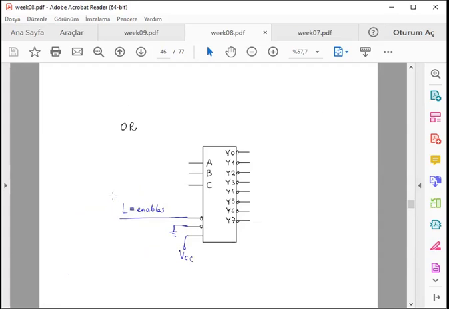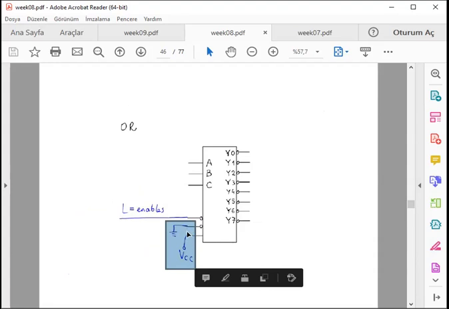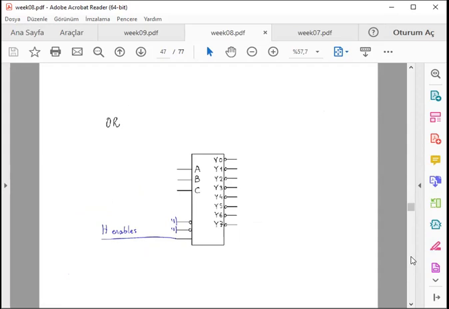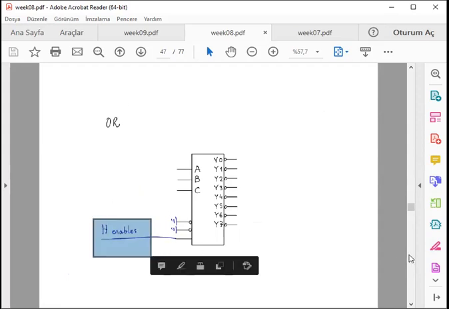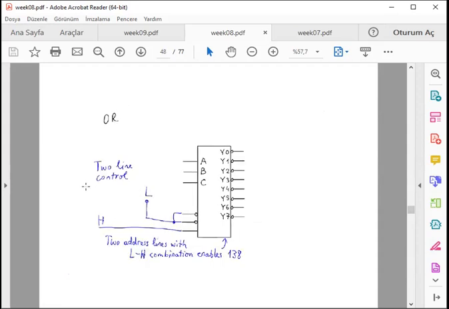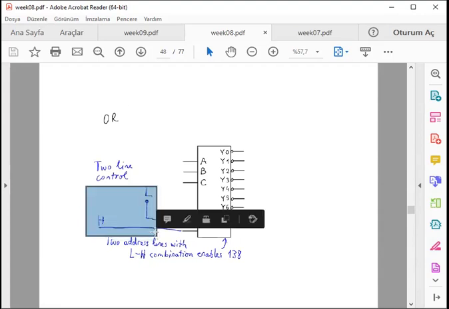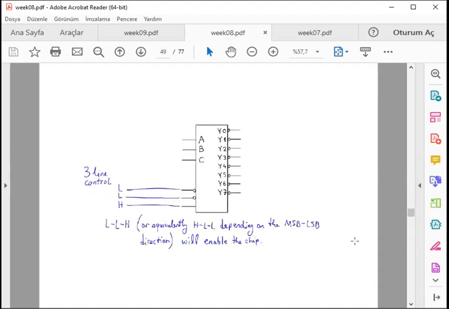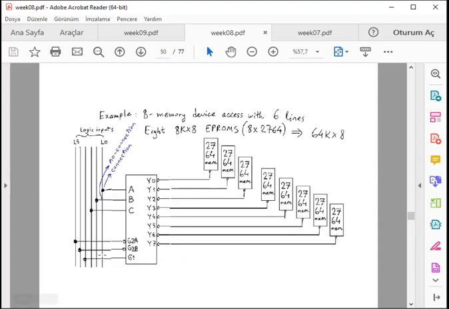We can connect with inverters, or we can connect the others to ground or VCC accordingly. So we can enable the chip with a low signal, or with a high signal, or we can have a combination of 2 different signals, or 3 signals. So that's a powerful device.